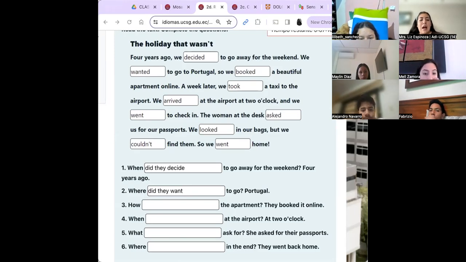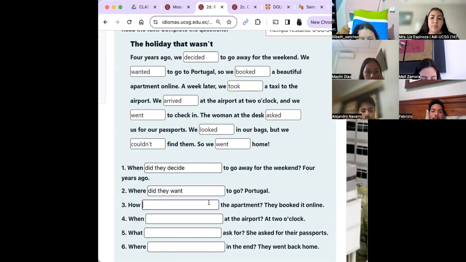The next one, how, and it says the apartment. They book it online. So how, what are they asking? Which is the auxiliary here? Remember, auxiliary subject verb. Who can tell me the auxiliary? I have mentioned auxiliary subject verb.